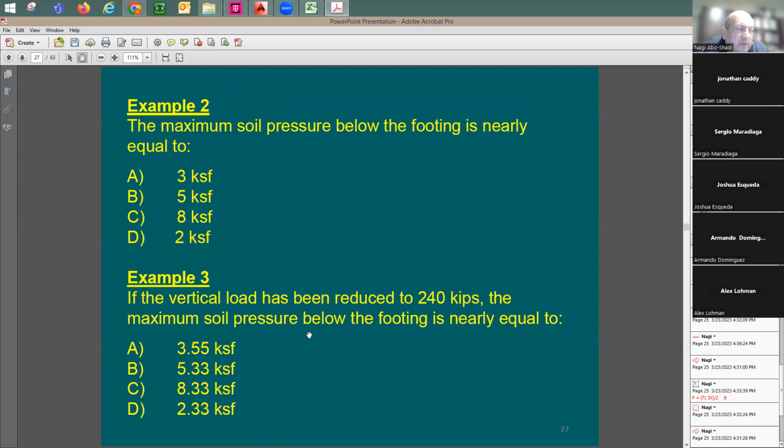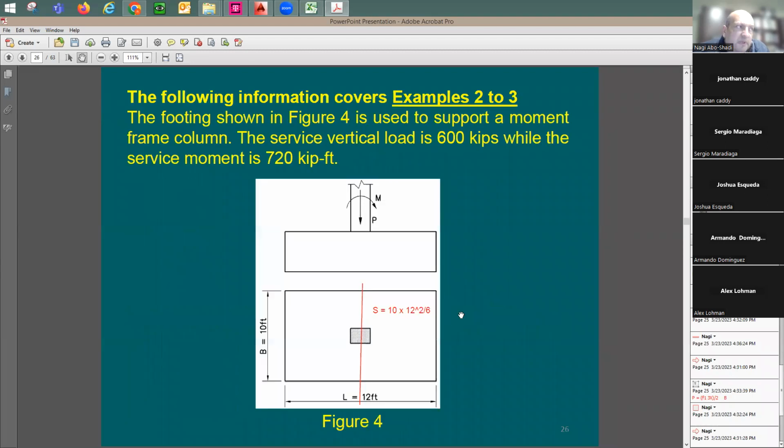The second one, this is going to be example 3, asks what happens if the vertical load is reduced. At the beginning, I have a vertical load of 600 and the moment is 720, so the values are okay in terms of the footing design. But now all of a sudden you reduce this vertical load, so the moment value compared to the vertical load is going to be big.